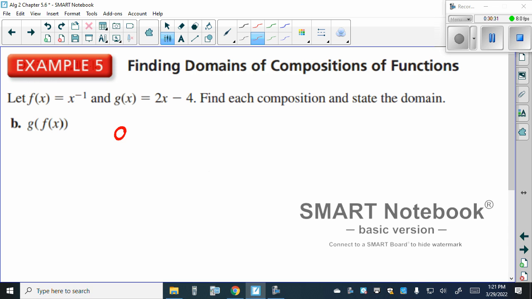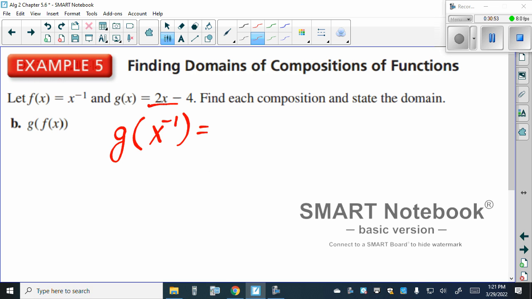All right, guys. Let's focus in here. We got one last one. So here we have g of f of x. Now for us, f of x is x to the negative 1. So we replaced x with what it's equal to. Now we have g of x to the negative 1.